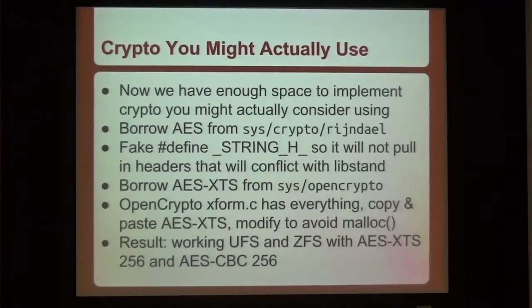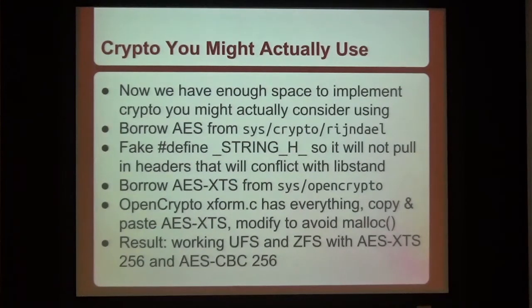And then I wanted to borrow the AES-XTS code from the OpenCrypto framework that's in the kernel. However, the OpenCrypto framework consists of one giant file called xform.c that contains all the transforms for about a dozen types of encryption and 24 hashes and deflate compression just because.